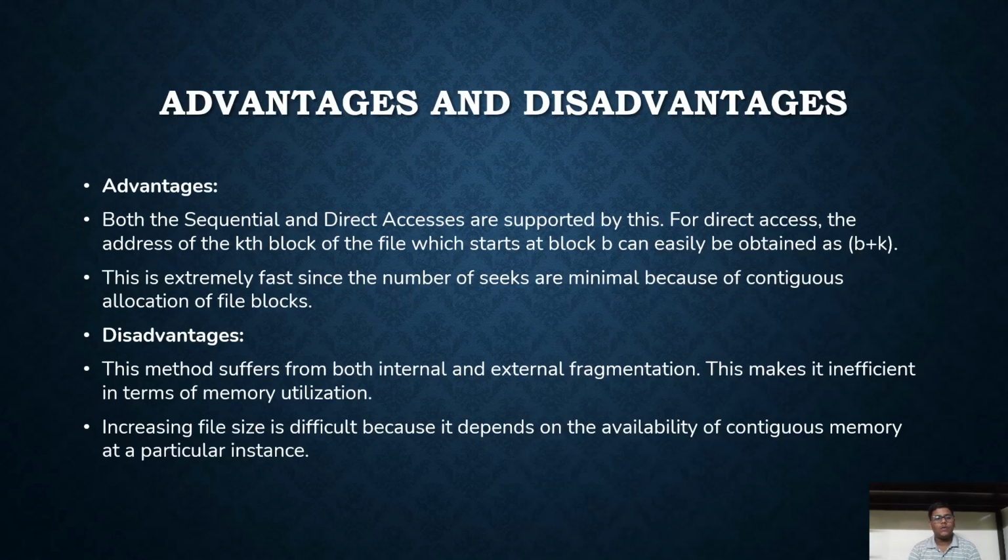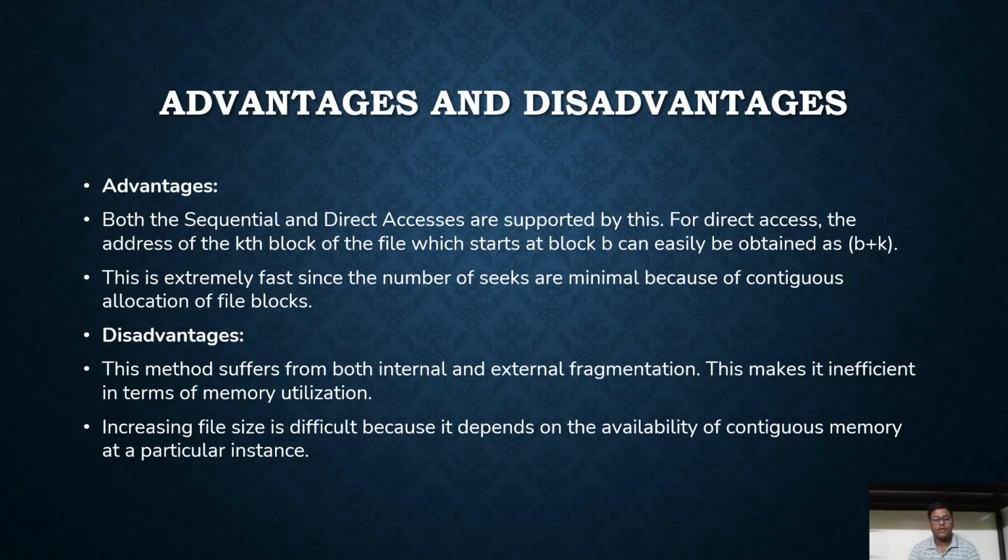Advantage: both sequential and direct access are supported by this method. For direct access, the address of the kth block of the file which starts at block b can easily be obtained as b plus k. This is extremely fast since the number of seeks is minimal because of the contiguous allocation of these blocks.